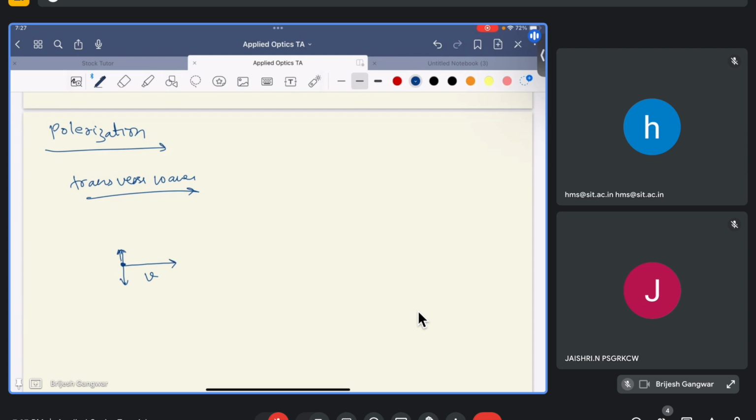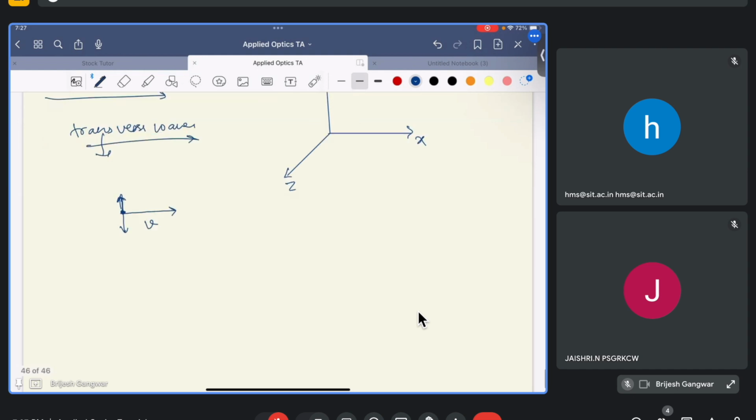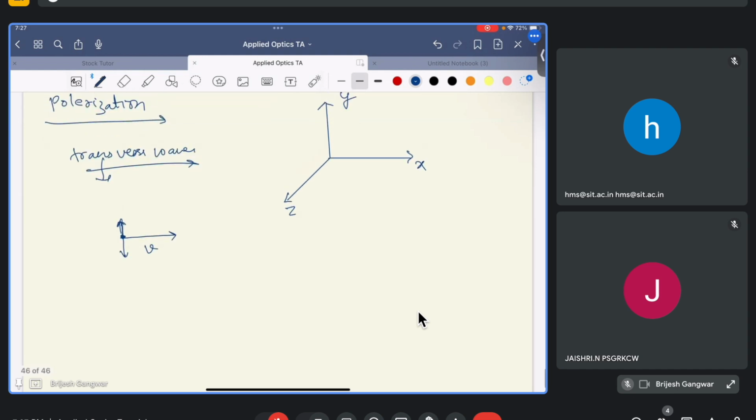That's why this is the phenomenon of the transverse wave. So the particle can vibrate in this direction. So generally we have x, y and z. Okay, so we are considering here that light is propagating in the z direction.